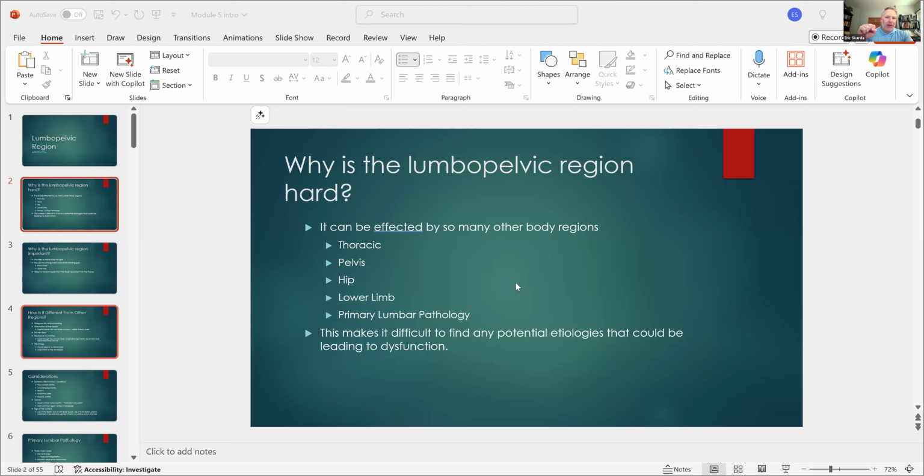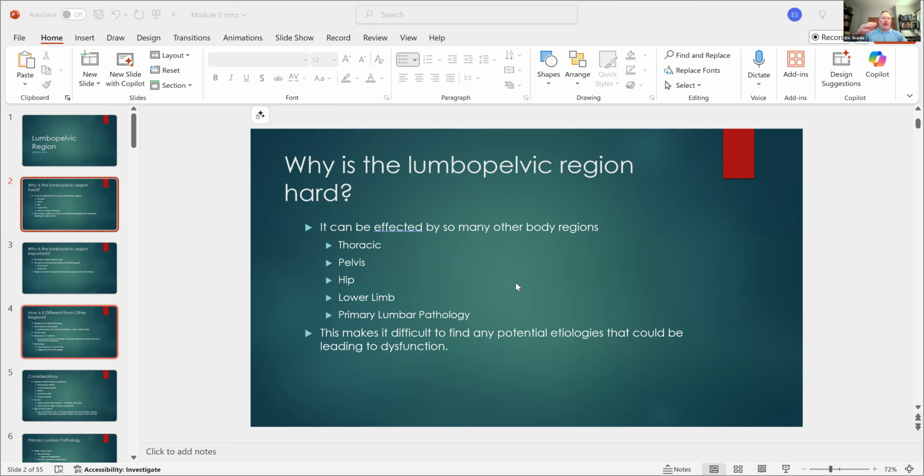I'm trying to either not allow any further damage, or I'm spasming, well, we're not necessarily spasming, but I'm hypertonic as a result of abnormal proprioceptive and mechanoreceptor feedback through that segment. So it's going to tighten up on us.